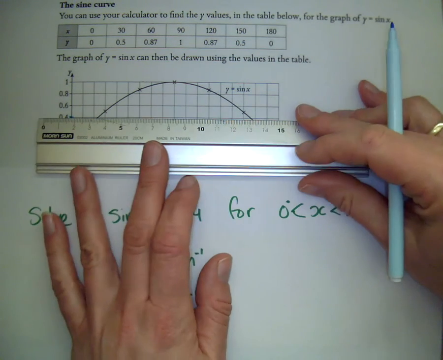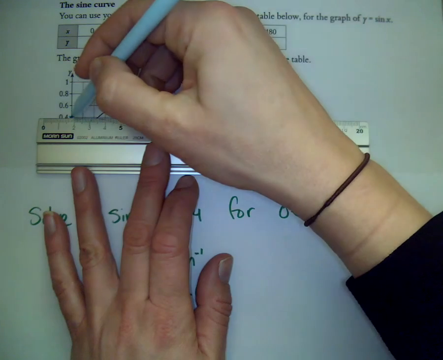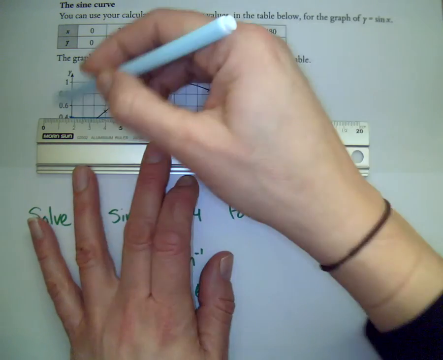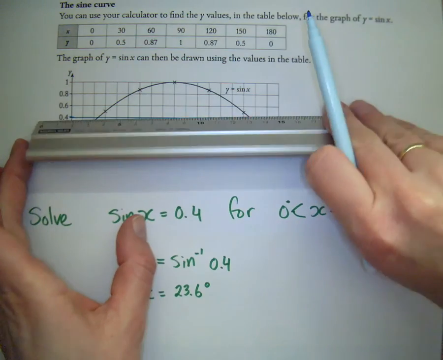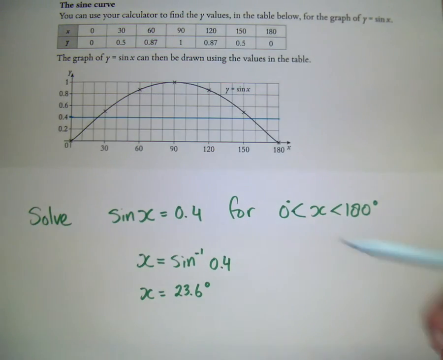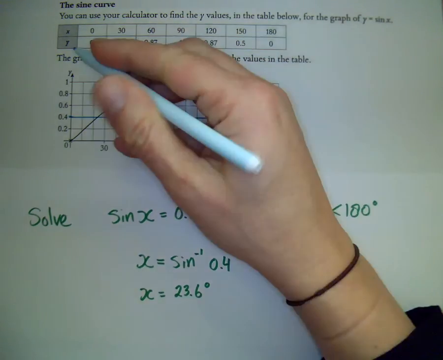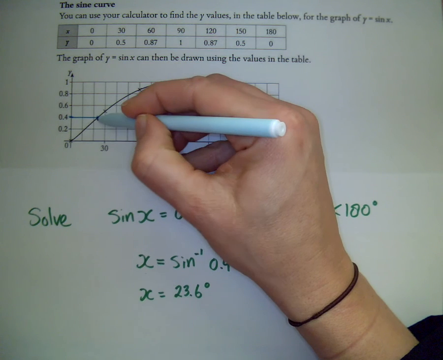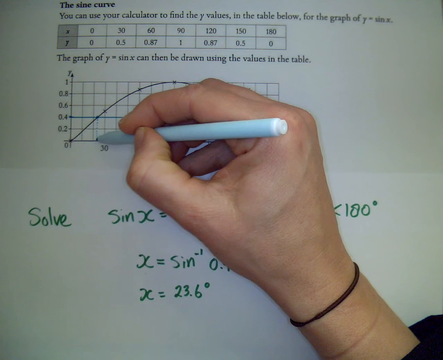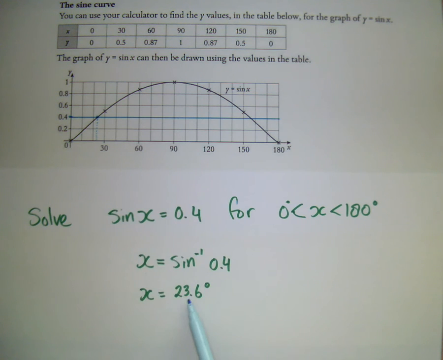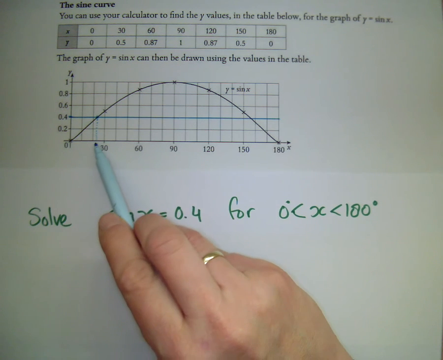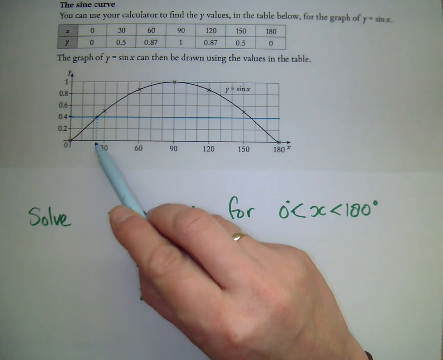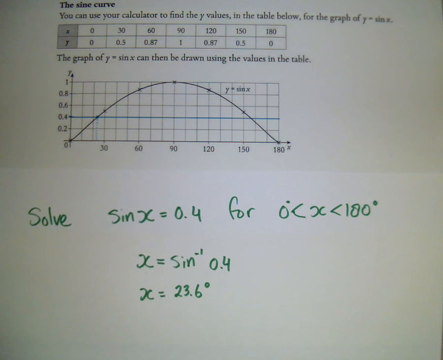If we draw a line where y equals 0.4, that's this line, we can see where it touches, and that is here. And you know, if we make an estimation, that does look like 23.6, right? This is 10, 20, this is 30, so 23.6. That looks right.